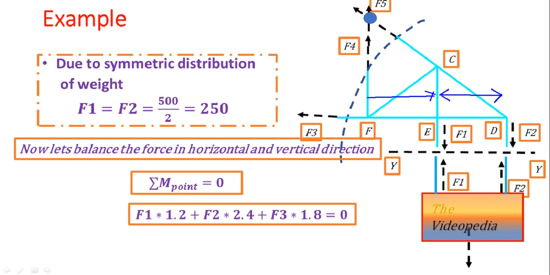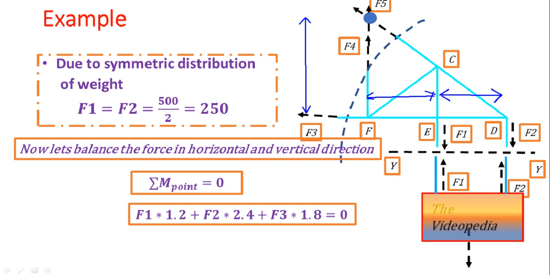Some arrows are not proper, but it's okay. Similarly, this distance was 0.9, 0.9, 0.9, which together make for F3 a total distance of 1.8. I think you know that we consider perpendicular distances here.